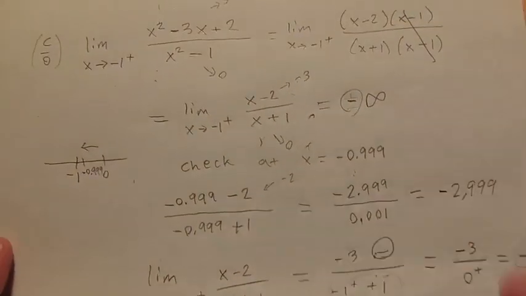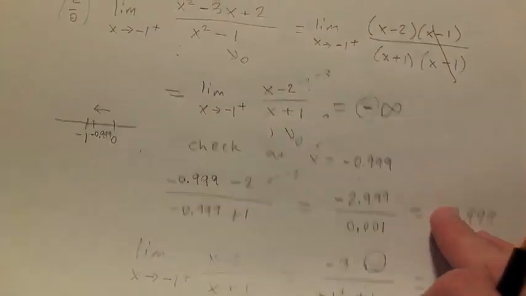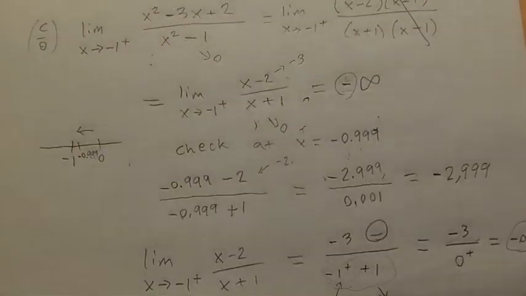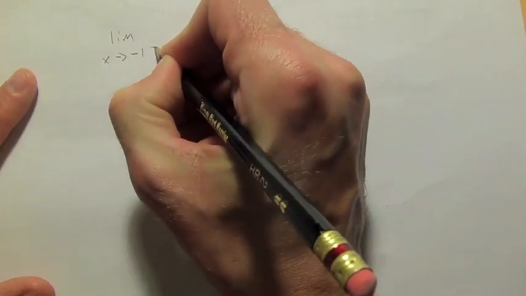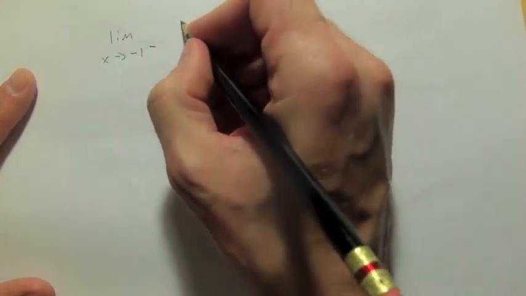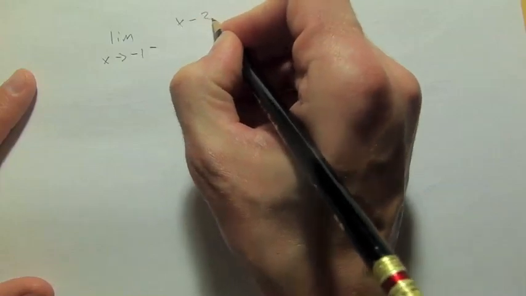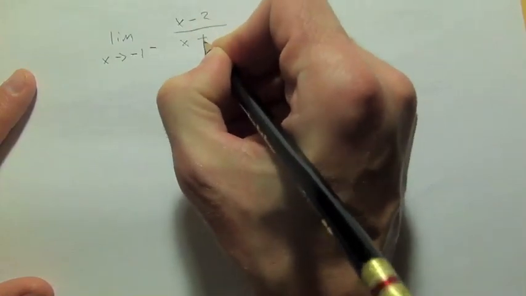All right, the next problem asked us to look at the same thing, but from the other side. Okay, so let's do that real quick. Say we look at the limit as x goes to negative 1 from the negative side of x minus 2 over x plus 1.